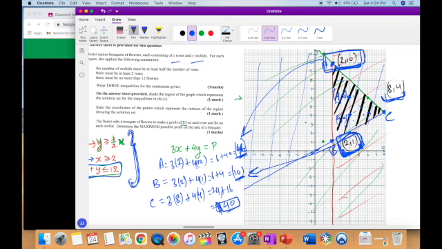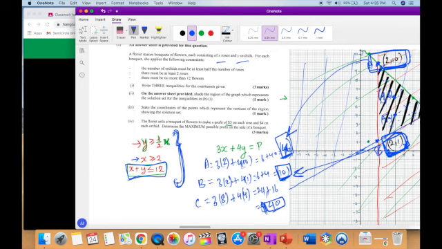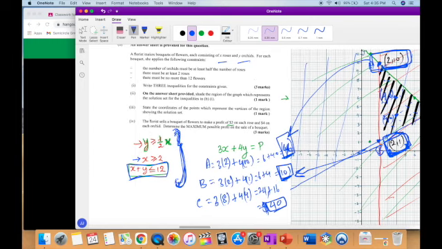So we can see here that out of the 3 vertices, point A represents the maximum profit, and point B actually represents the minimum profit that you could possibly make while satisfying all 3 equations.